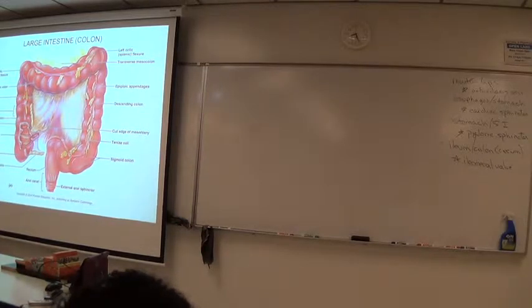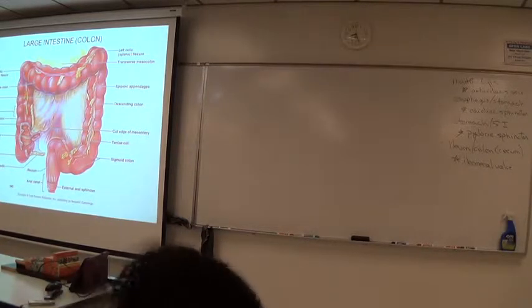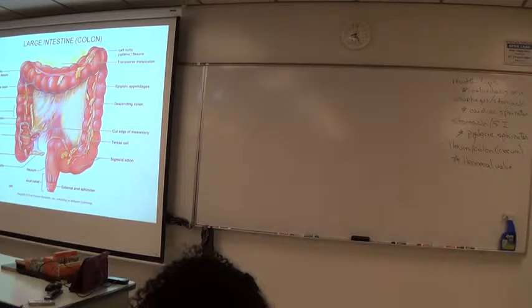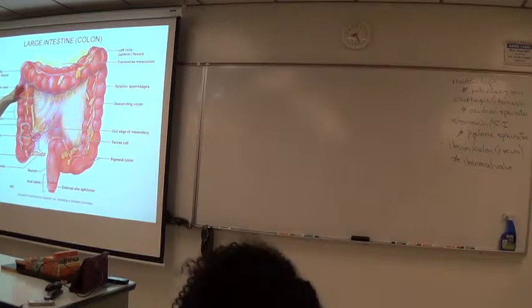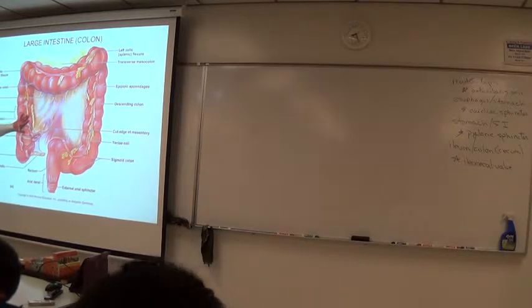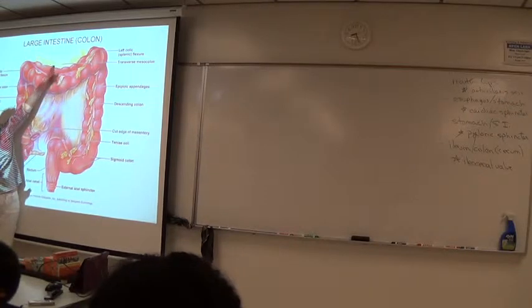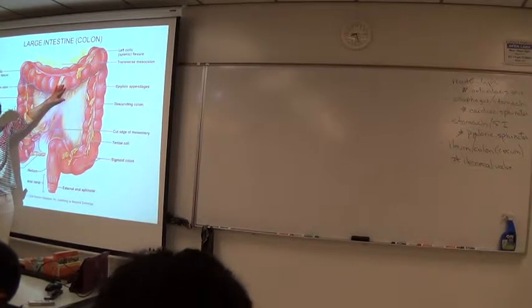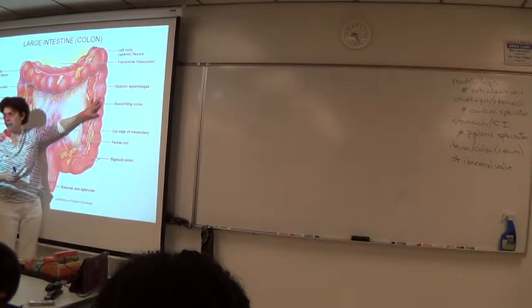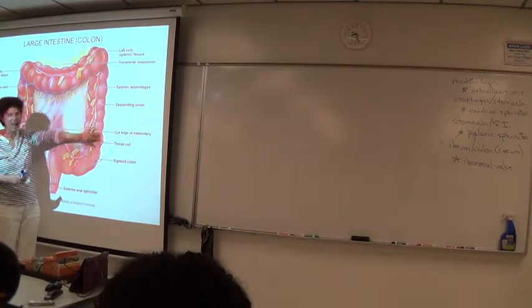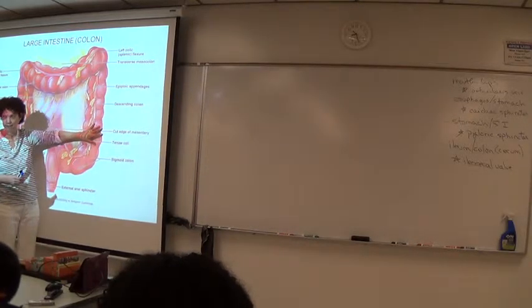Now, before I diagram this on the board, we're back to our intraperitoneal and retroperitoneal components. The ascending colon is retroperitoneal. The transverse colon has its own mesentery, so it's intraperitoneal. Then we're back to retroperitoneal again with the descending colon.